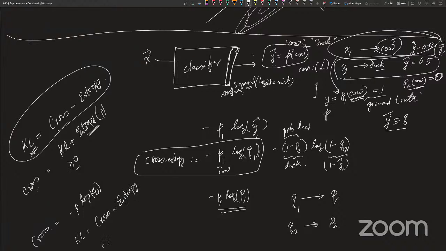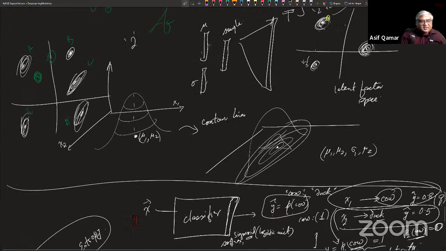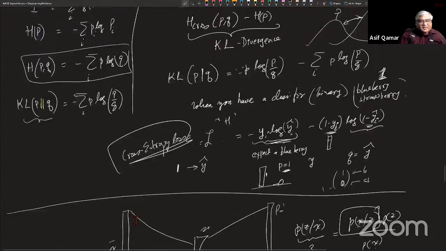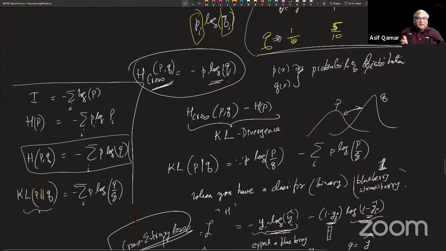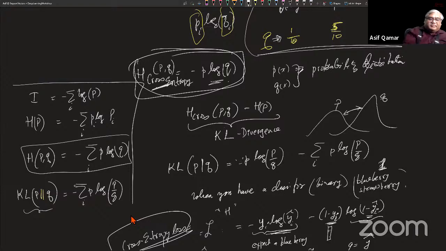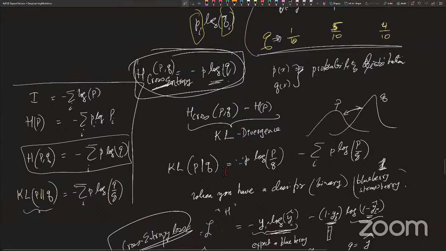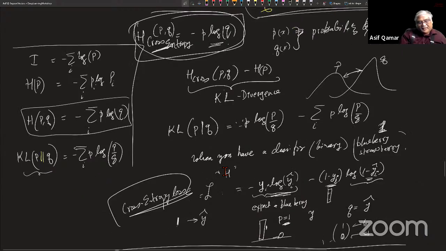But the formula we saw earlier was just minus P log Q. No, I did not. Look at this. This is called cross entropy. You see that, right? You got mixed up between the two. Are we together now? That is it, guys.